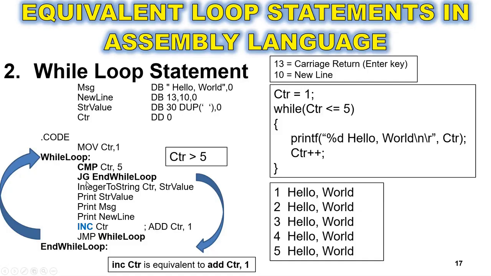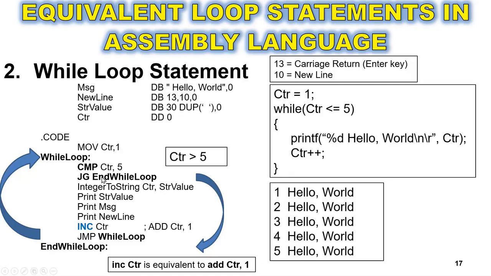We can also use the other command JA, jump if above. And then followed by the label end while loop. This end while loop is written at the end, which indicates that if that JG satisfies the condition, it will stop the while loop from repeating.